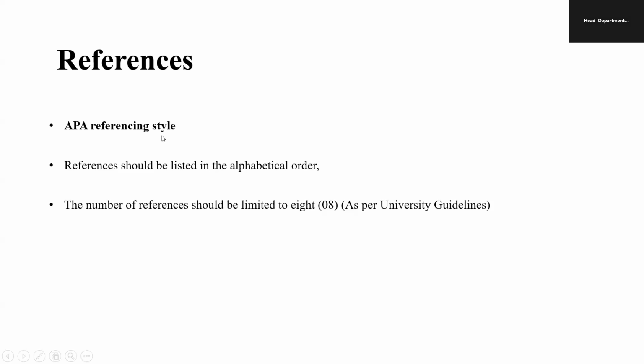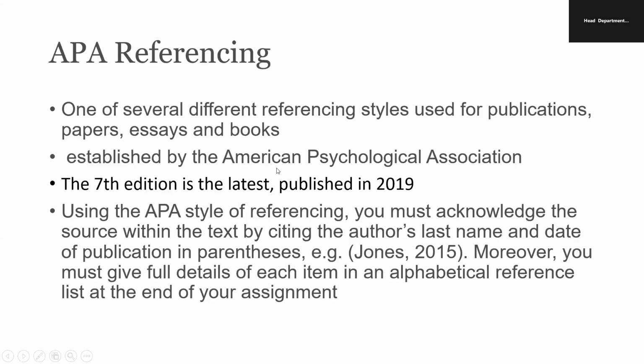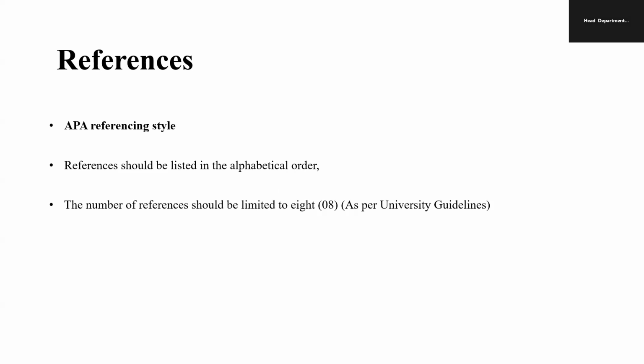There are many referencing styles, Harvard, APA, Chicago, like that. But you are required to follow the APA referencing style. References should be listed in alphabetical order. Keep in mind, you have to order the reference list from A to Z.